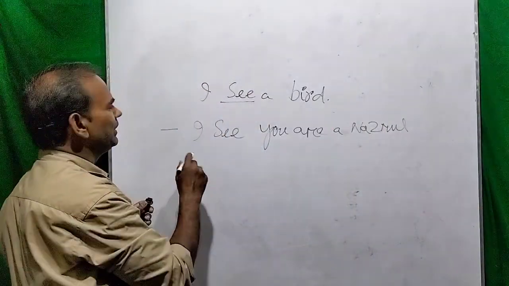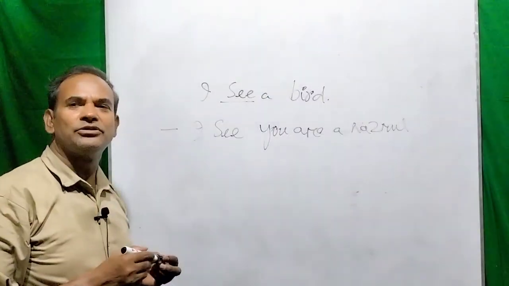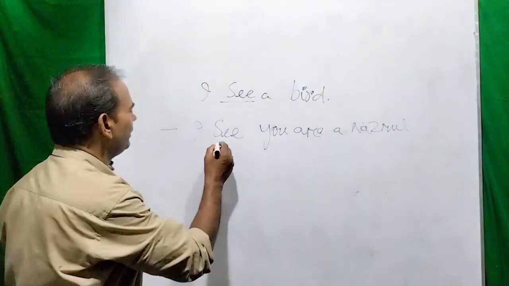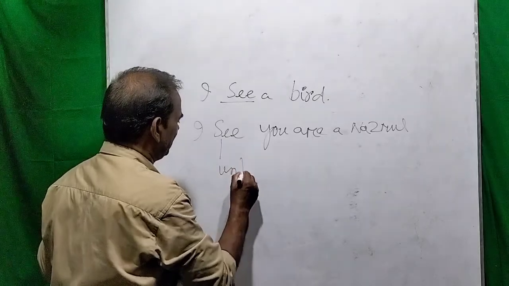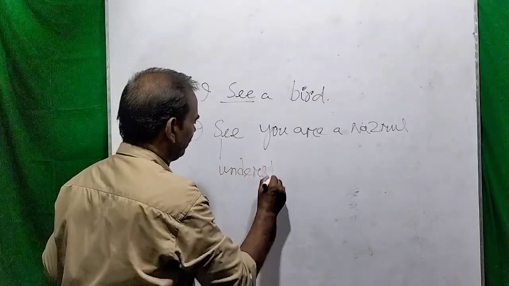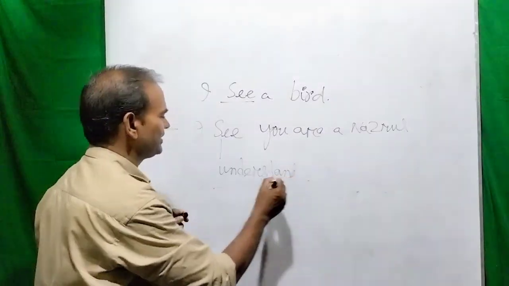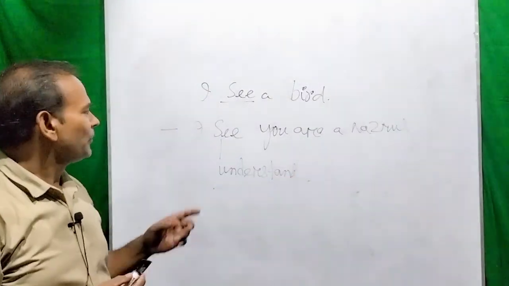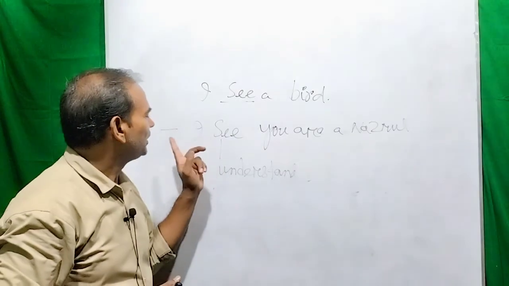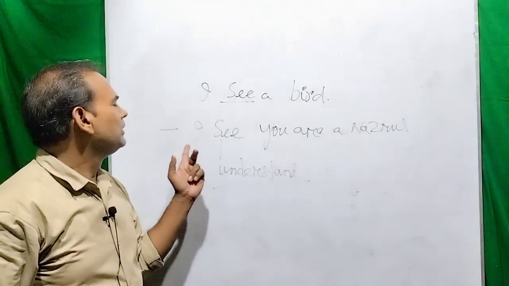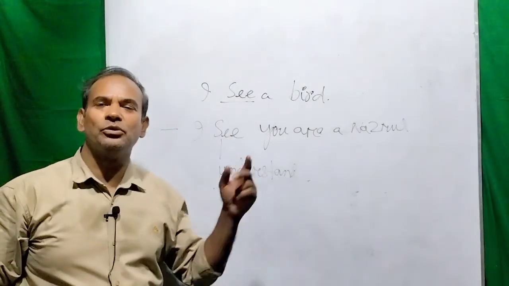That means I can understand that you are a Nazrul. So see means understand here. So I see you are a Nazrul. That means I understand that you are a Nazrul.